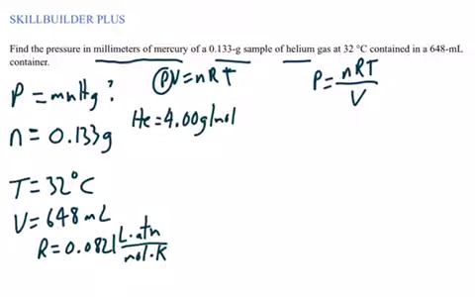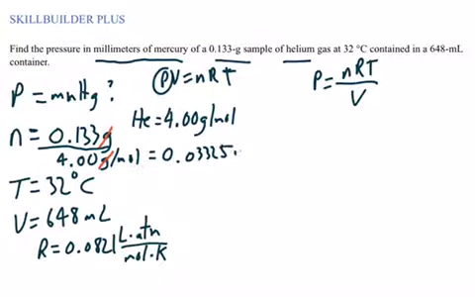So if we divide 0.133 grams by 4 grams per mole, write that over here, by dividing, we're going to change this, okay, into moles, and the number that I get here, I'll write it down for you, is 0.03325 moles of helium. We got to also change the temperature. So we got to add 273 to 32, and that gives you 305 Kelvin.